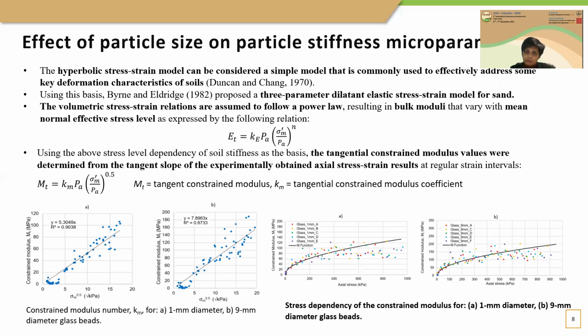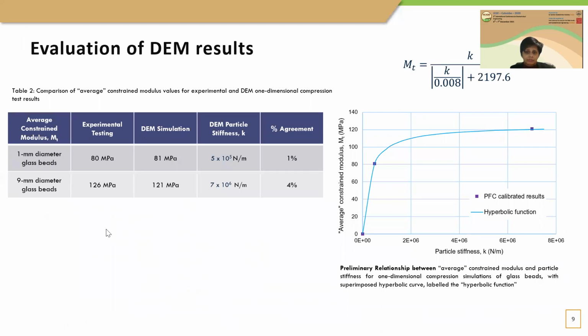We used a hyperbolic stress-strain model and curve fitting to obtain the relationship between the particle stiffness and the average constraint modulus. However, we call this relationship preliminary because we only have three data points. In order to use this equation in the long term for modeling, it is necessary to conduct more studies to validate this relationship between the average constraint modulus and particle stiffness.